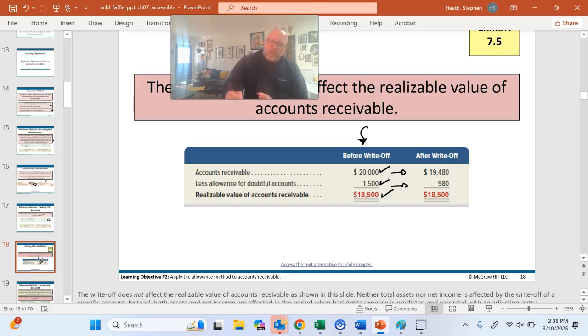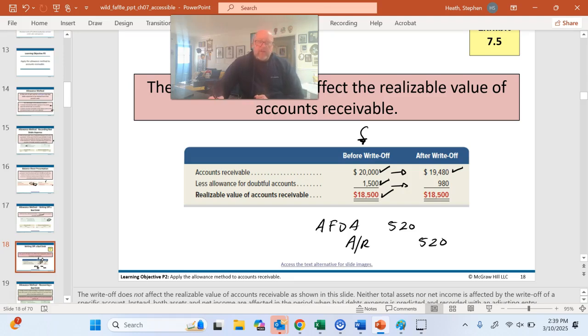Remember, the journal entry to record a write-off is going to be the allowance for doubtful accounts, 520, and accounts receivable, 520. I'm lowering both of those. And here's the resulting amount.